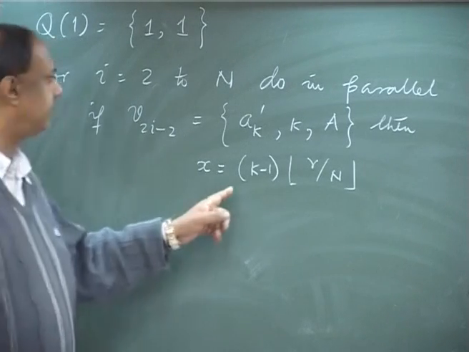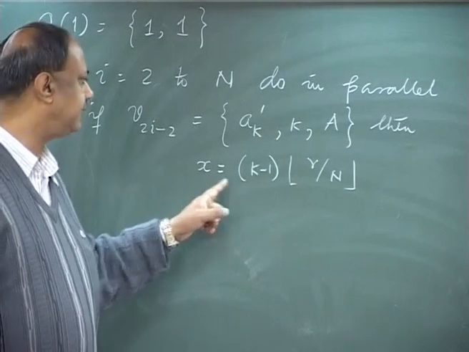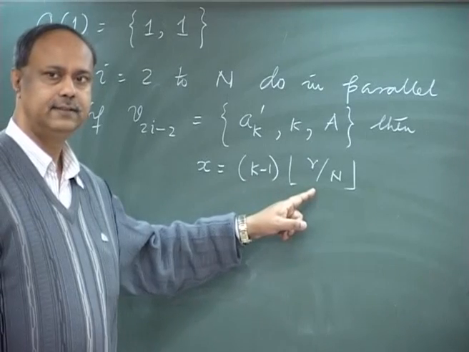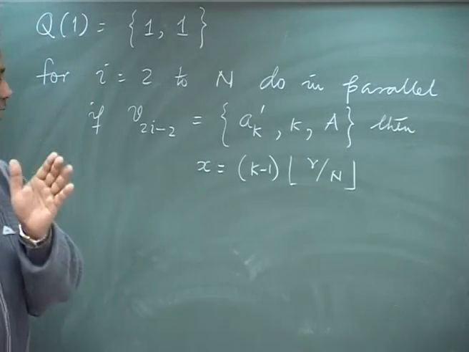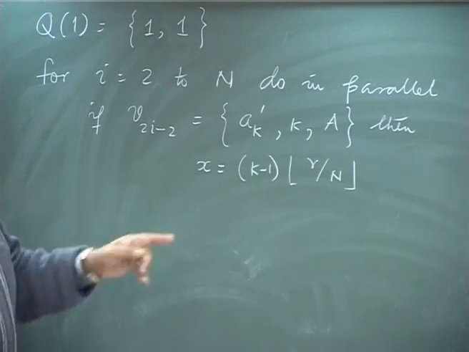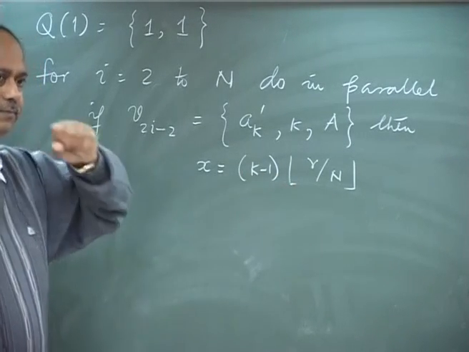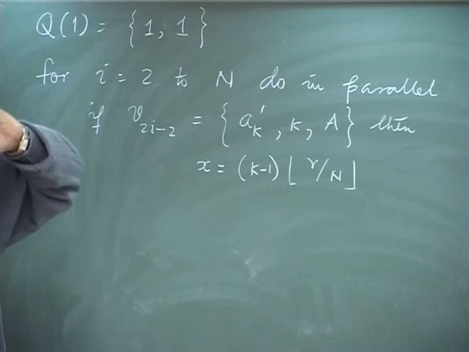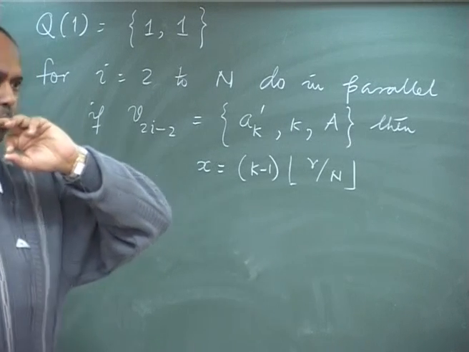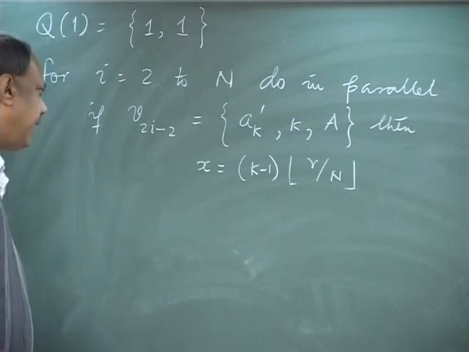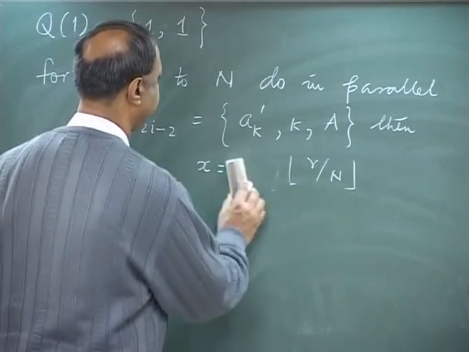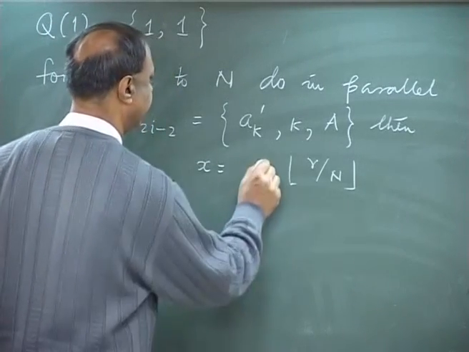Is it okay? This is clear, right? This x is the cluster of k by r by n, so the position of this will point to k into r by n. Or if A_k equals k into r by n.